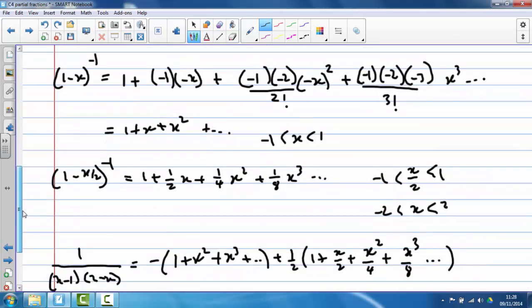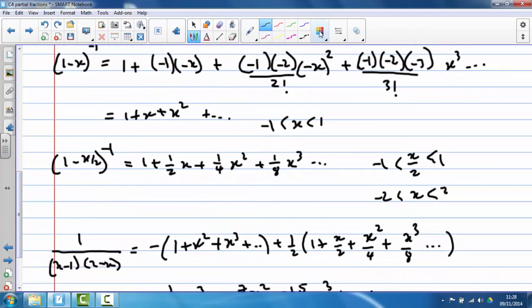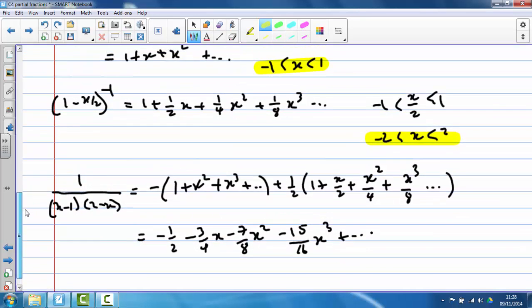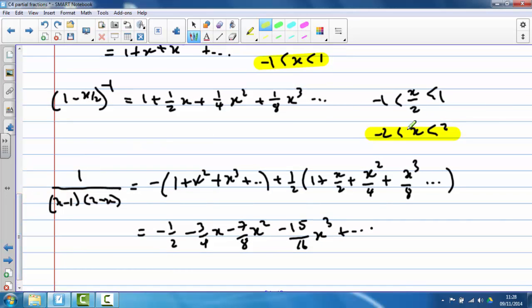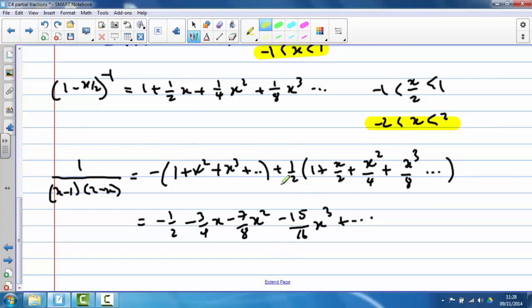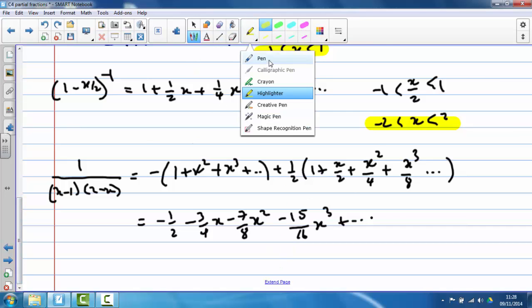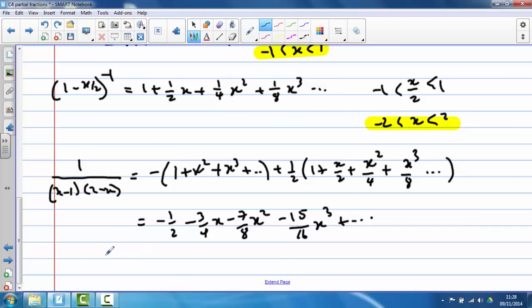Initially, for the first expansion, we had between minus 1 and 1, and then we had between minus 2 and 2. We've got to pick a region that satisfies both of them, and therefore we'll choose minus 1 and 1, because that naturally covers the other region as well. So therefore we know that this expansion is valid for x greater than minus 1 and less than 1.